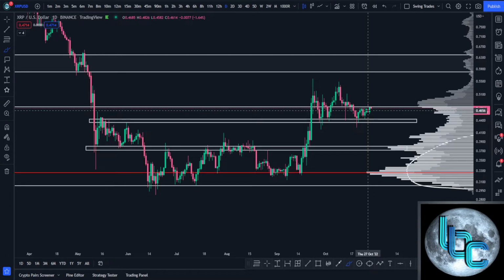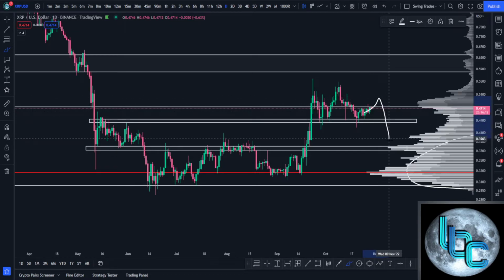And what's going to happen, I believe, I mean, it could already be done, but we might come back up here and then plunge to this node down here at about 37 to 38 cents per XRP.